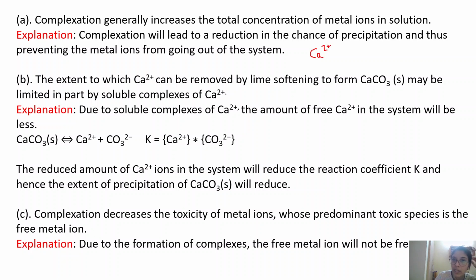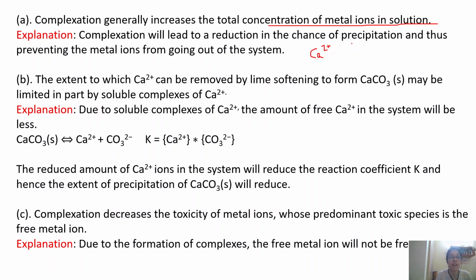After the solubility Ksp is exceeded, they should be precipitated in the form of CaCO3. But when they form complexes with other anions or cations, they won't precipitate. Therefore, we say that complexation increases the concentration of metal ions in the solution, because they should precipitate if we are providing the environment for them to precipitate.